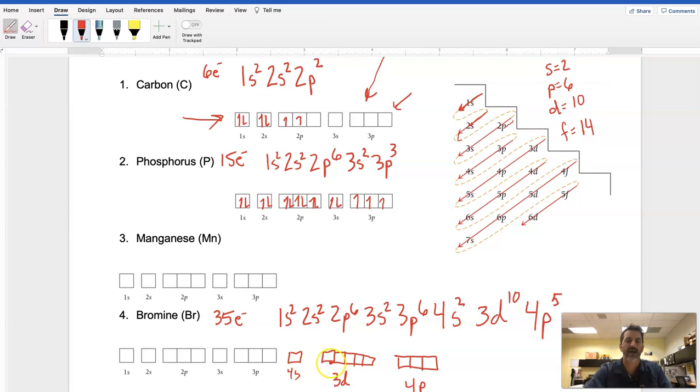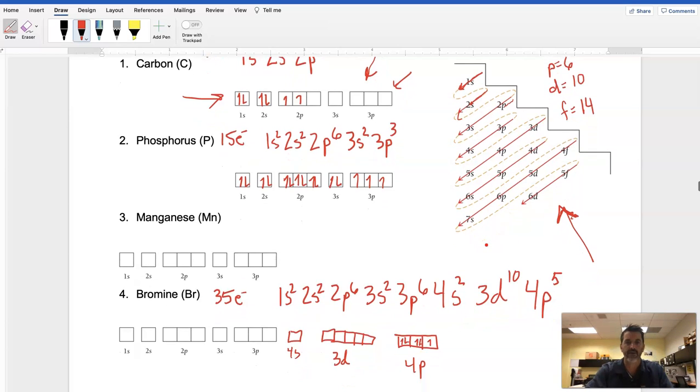Then we keep adding arrows until we get to 4p5, which would be 1, 2, 3, 4, and 5. Okay, so this chart right here, we won't be able to do it without that chart for now, but we'll get to the point where we don't need that anymore. But for right now, we're going to lean on that chart.